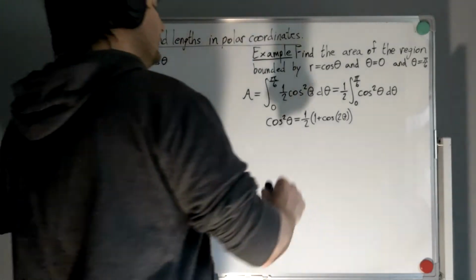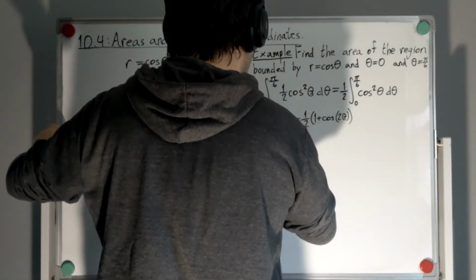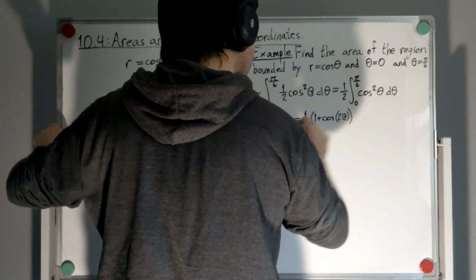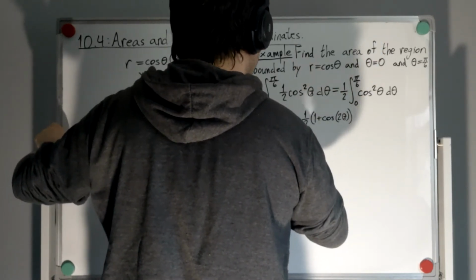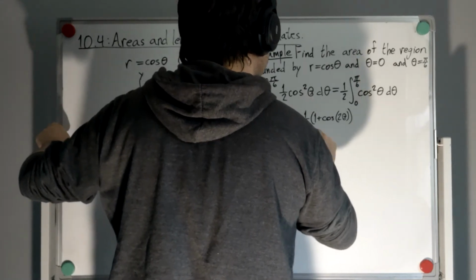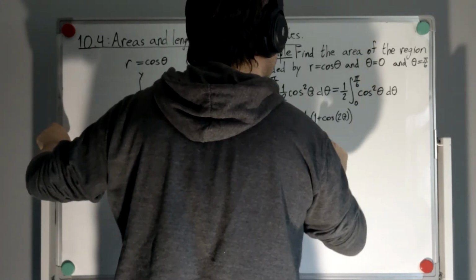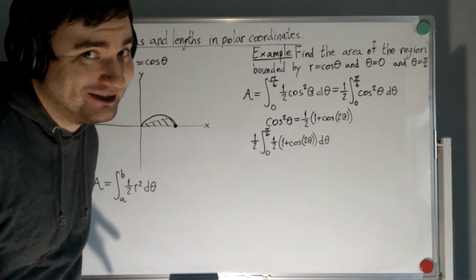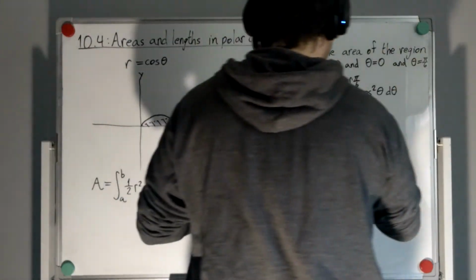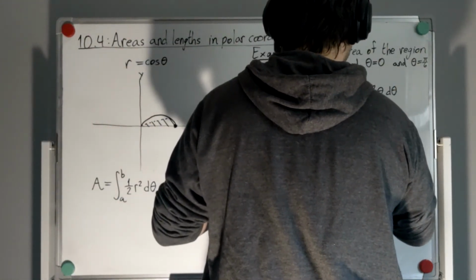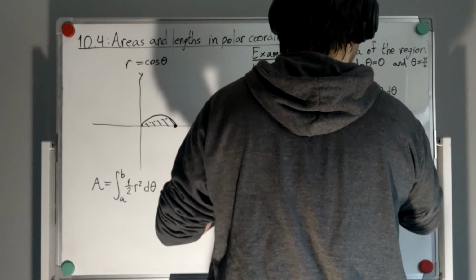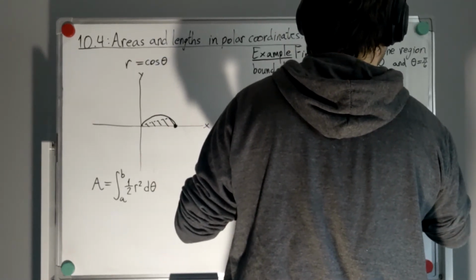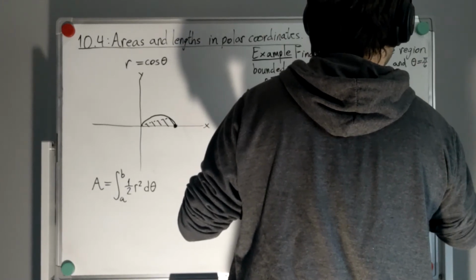And then this just becomes 1/2 integral of 0 to pi over 6, 1/2 times 1 plus the cosine of 2 theta. And of course, then you have another factor of 1/2 that you can pull out. So this just becomes 1/4 integral from 0 to pi over 6 of 1 plus the cosine of 2 theta d theta.